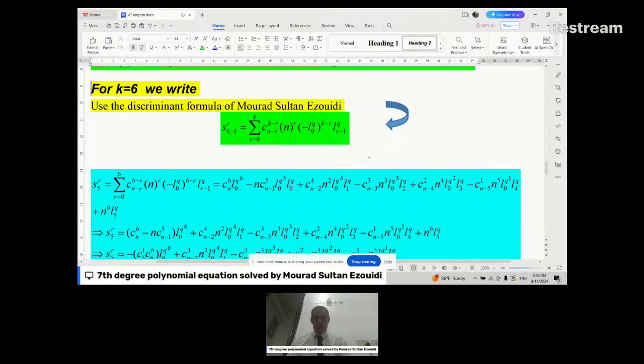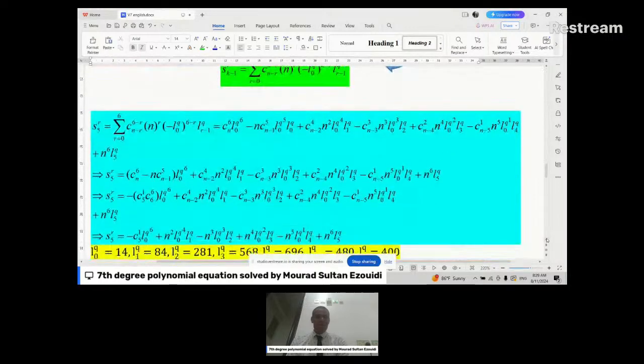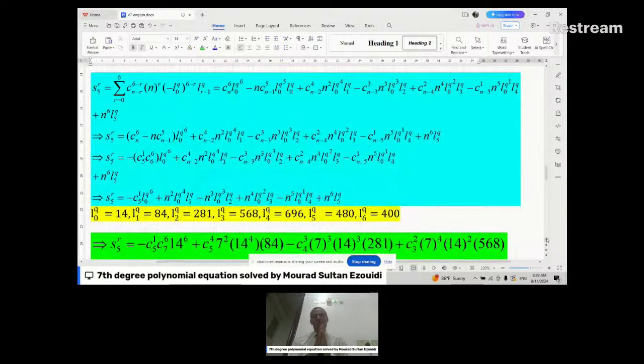So I'm going to set k equals 6 in this discriminant formula and focus on the last expression that had been simplified, putting the common factor together and making the difference between combination n minus 1 choose 6 and n minus 1 choose 5. Here n is 7, because you are working with a 7th degree polynomial equation.